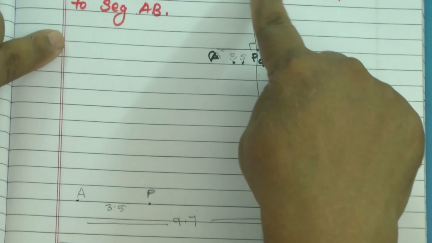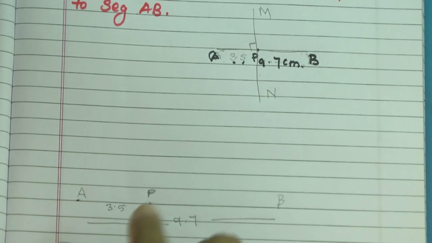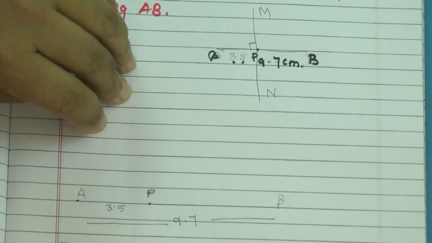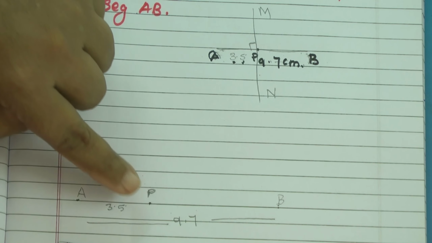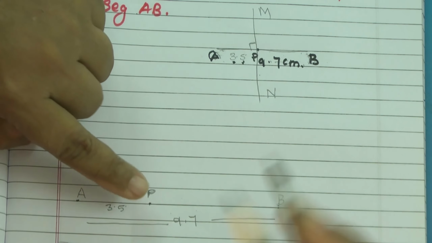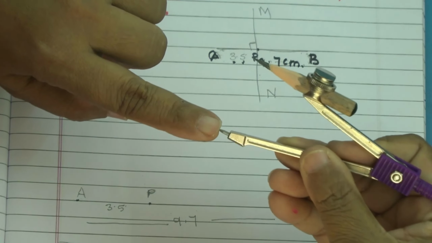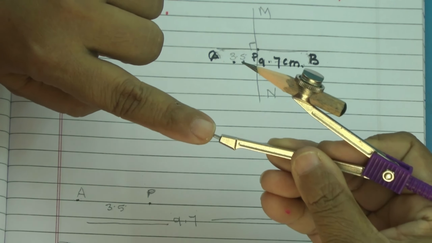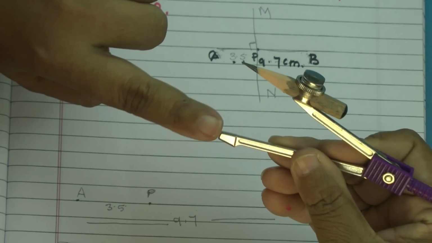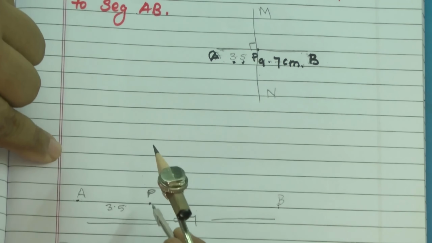I have to draw a perpendicular line which is passing from the point P. Now when I want to draw a perpendicular line which should pass from point P, I have to make sure that the pointer of my compass should be placed exactly on the point P, because I want my perpendicular line to pass through the point P. Make it a point.